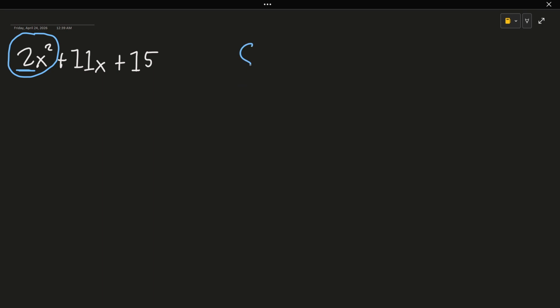And that is called slide and divide. Okay, slide and divide. That is what we're going to do. You will apply this method if there is a number beside x squared that is not 1.